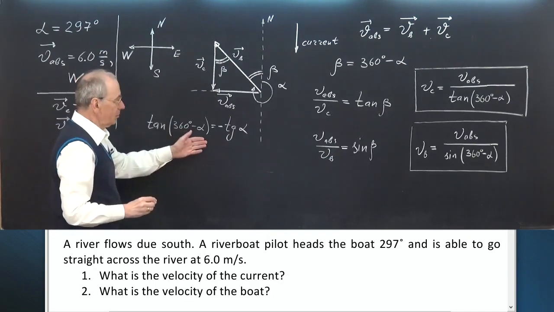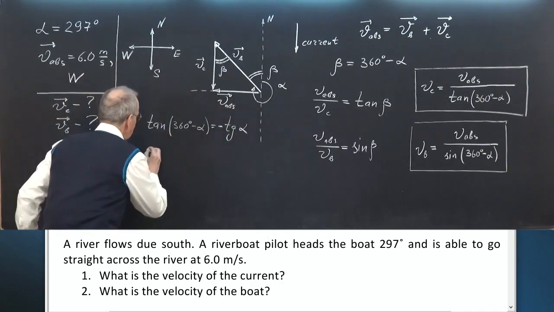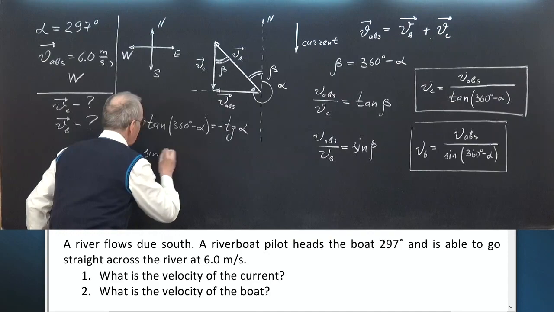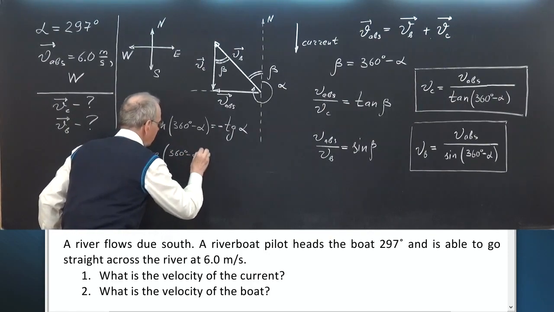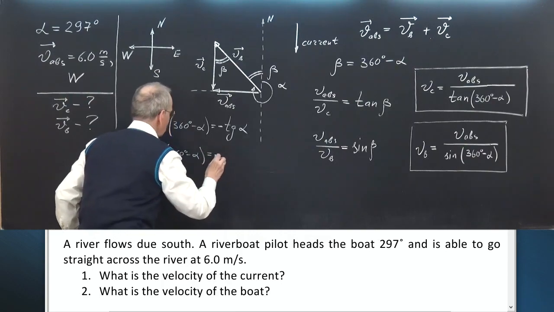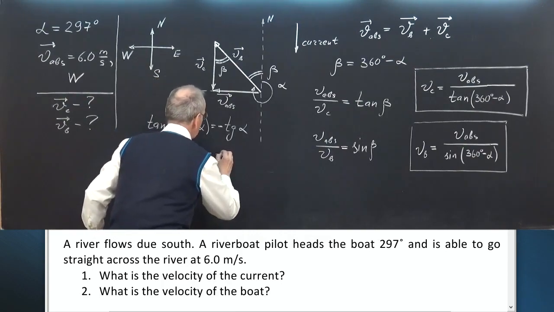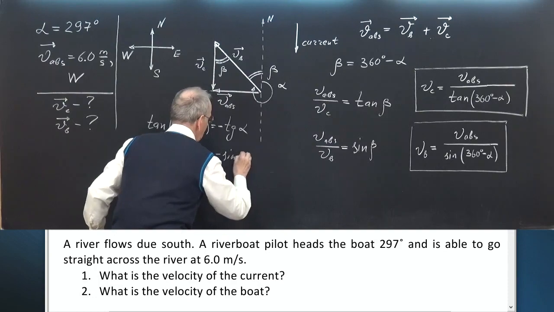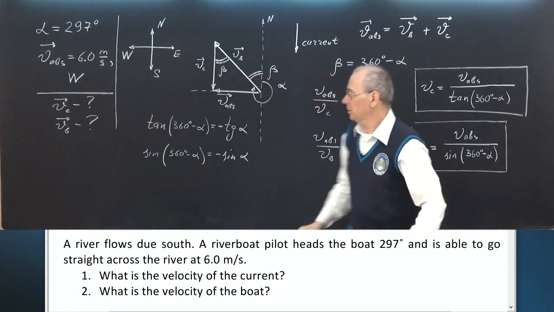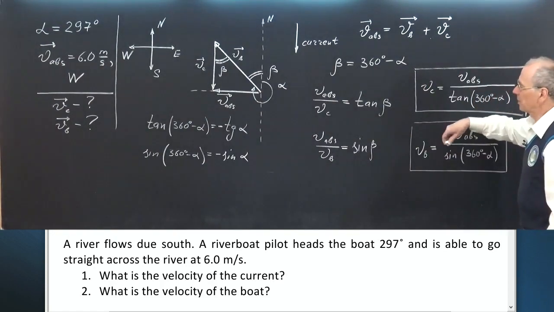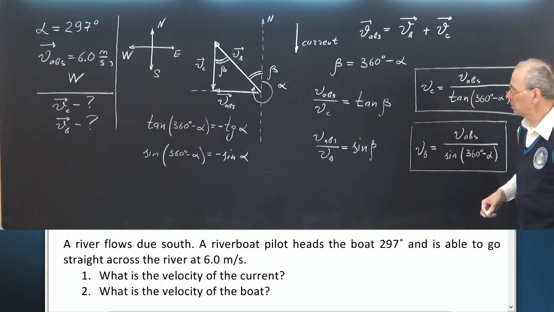You can use also this formula and the same for sine. Sine 360 minus alpha equals minus sine alpha. But it seems to me that these two formulas are more convenient to use.